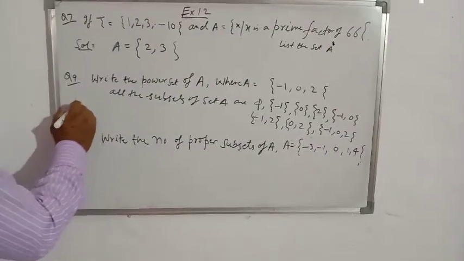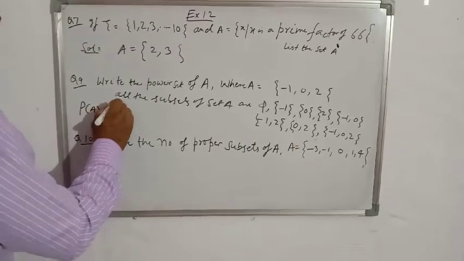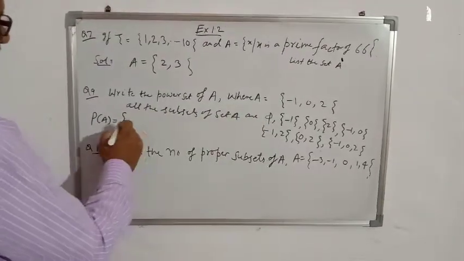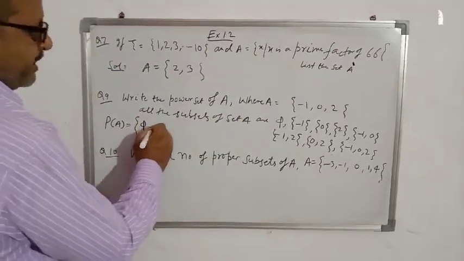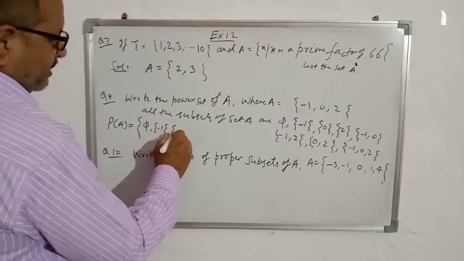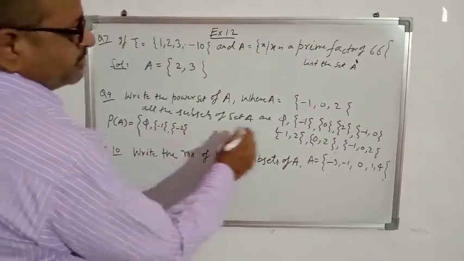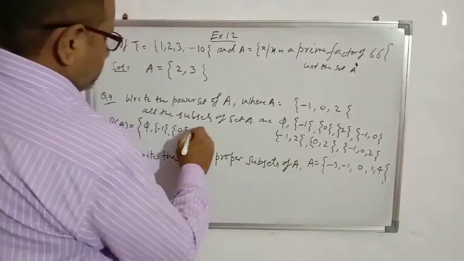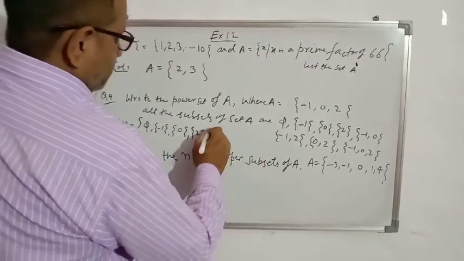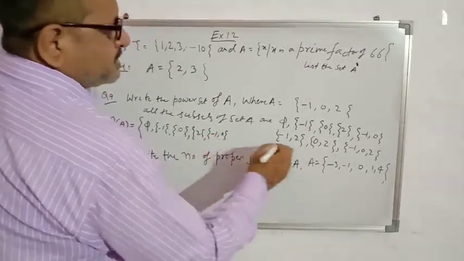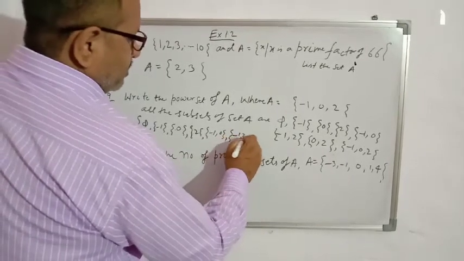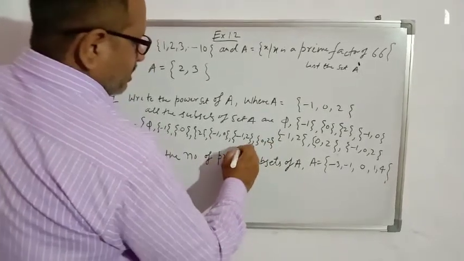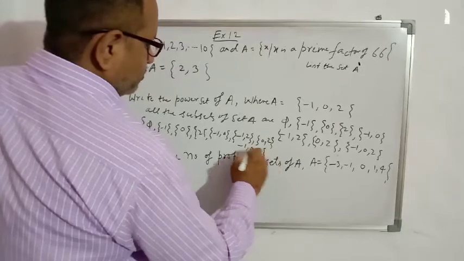So what will be the power set? The power set of A. The power set of any set is the collection of the subsets. So write all these subsets in the curly bracket: the empty set, {-1}, {0}, {2}, {-1, 0}, {-1, 2}, {0, 2}, and {-1, 0, 2}.